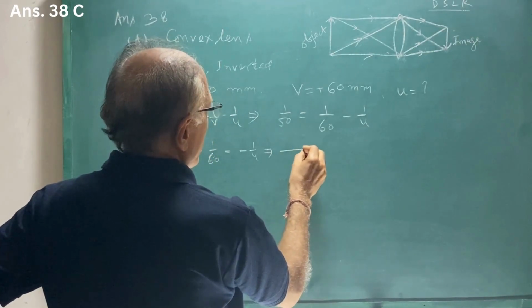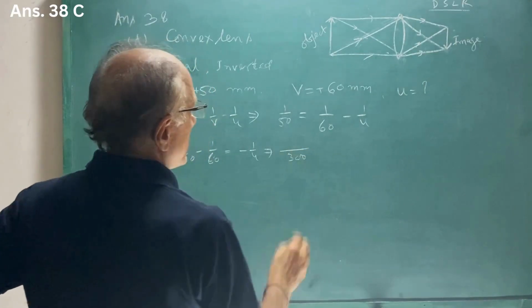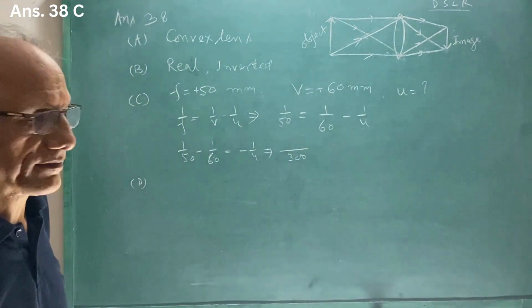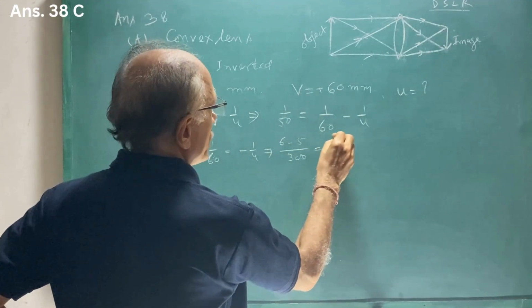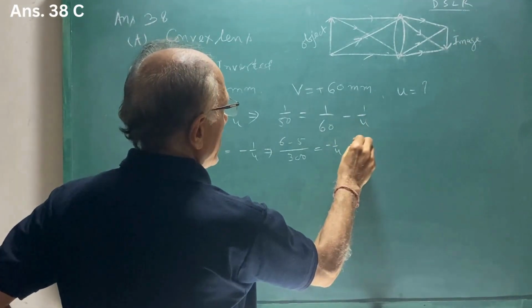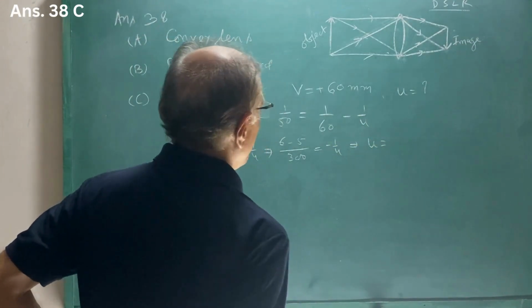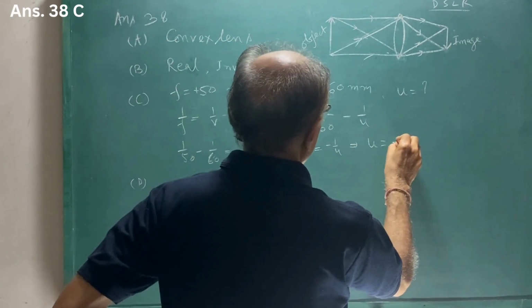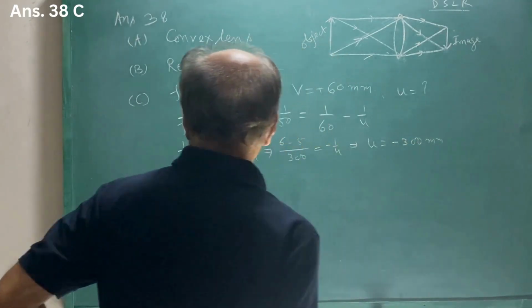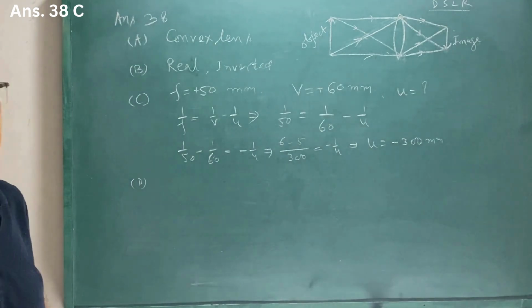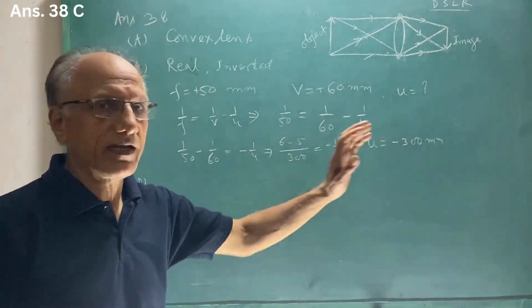We can take 300 as the LCM. So 6 - 5 = -1/u, which means u equals -300 mm. So the object distance is -300 mm.